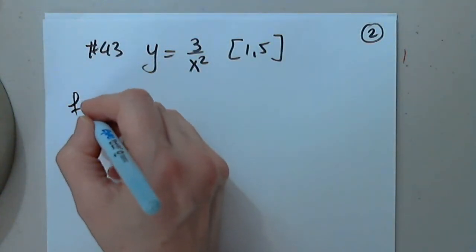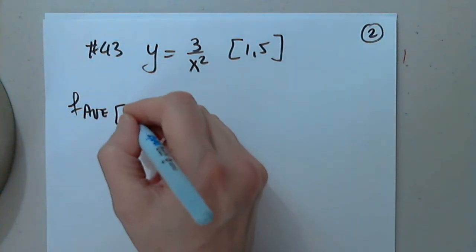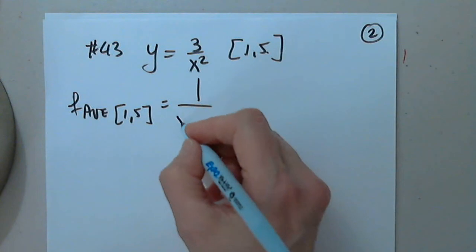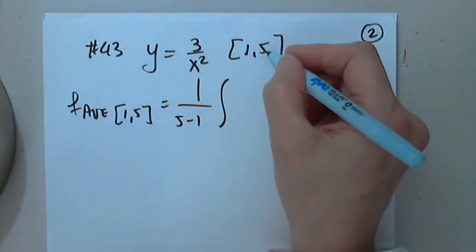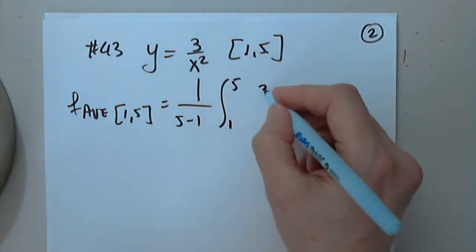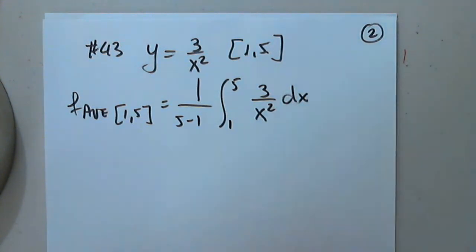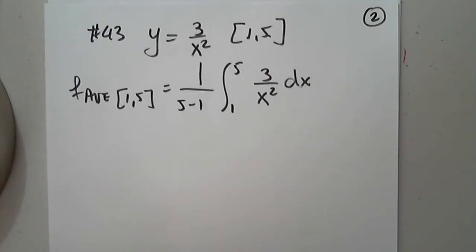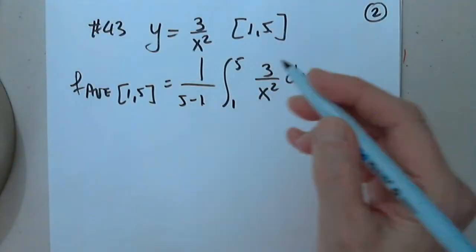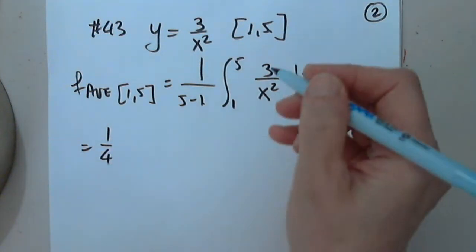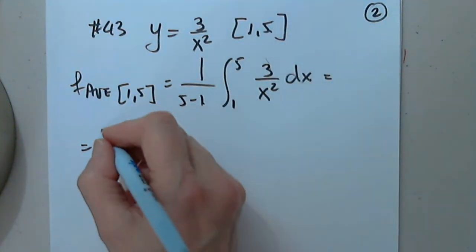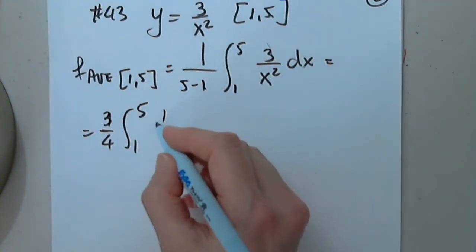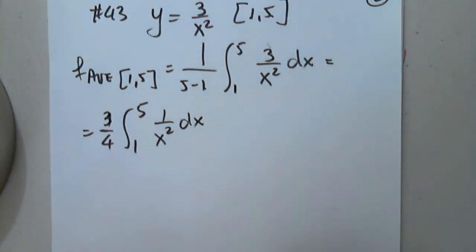We're asked to find f average on 1, 5 is 1 over 5 minus 1, the integral from 1 to 5 of 3 over x squared dx. So 5 minus 1 is 4, so we have 1/4 in front, and I'm also going to move 3 in front. So 3/4, the integral from 1 to 5 of 1 over x squared dx.